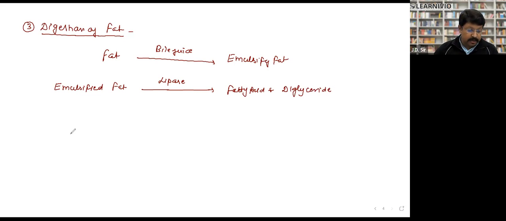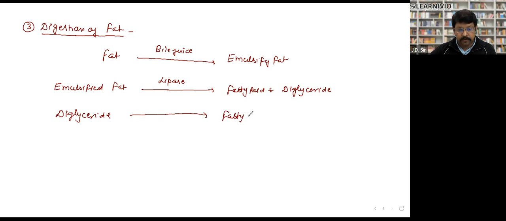Again, diglyceride is broken down into fatty acid plus monoglyceride, again by the function of lipase.